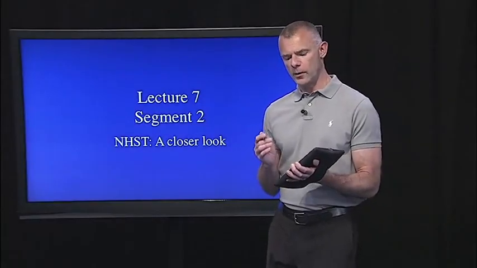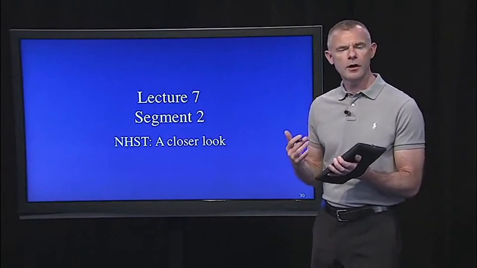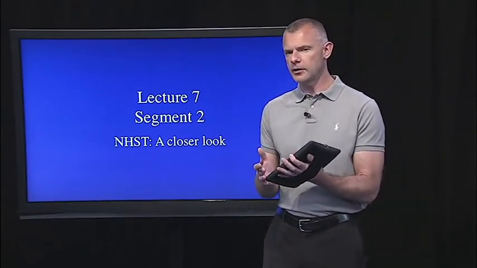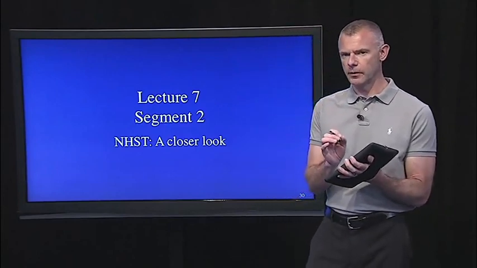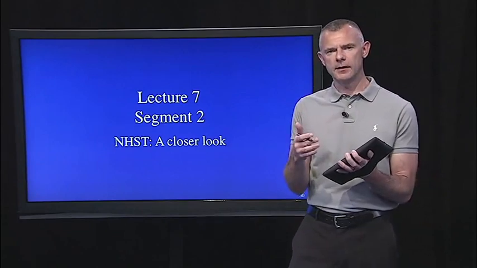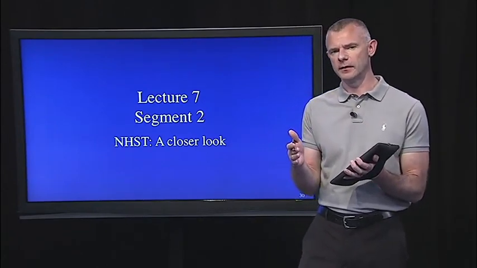Welcome back. We are in the second segment of Lecture 7 on Introduction to Regression. The goal in this lecture is just to get the basics of regression and now to sort of revisit the concept or the logic behind null hypothesis significance testing.